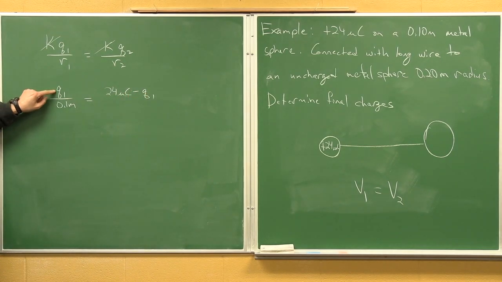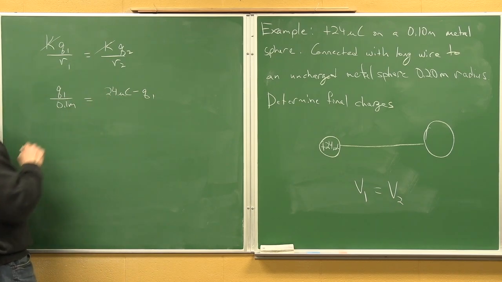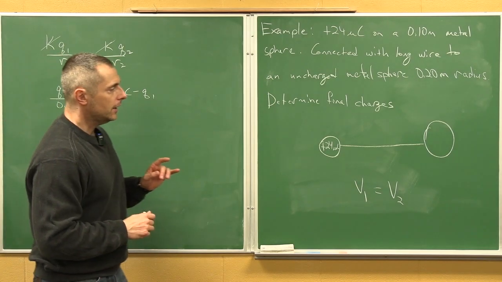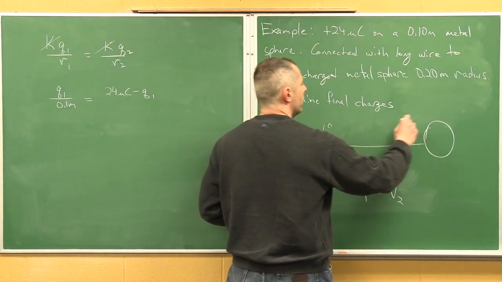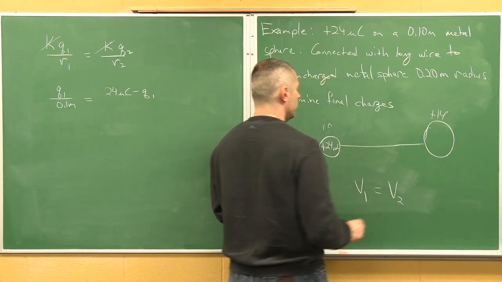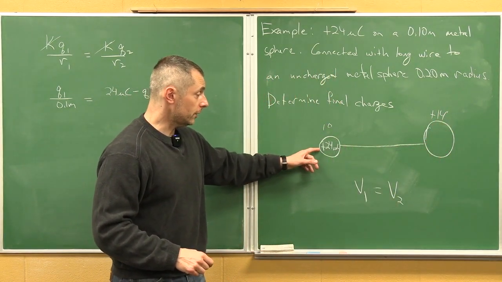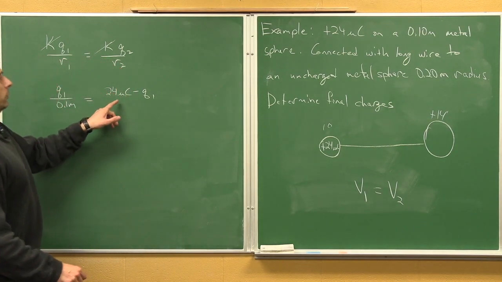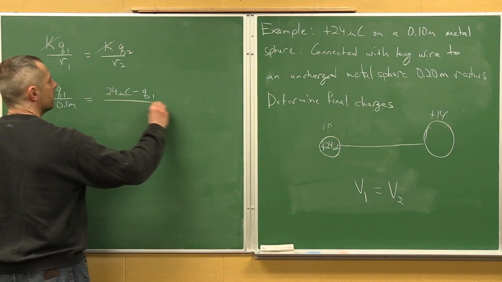Right? In other words, if 10 is over here, 14 is over here. Because charge is conserved, and if we had 10 and 14, charge would be conserved. We'd have just as much as we started with, which is 24. So that's what this is saying mathematically.